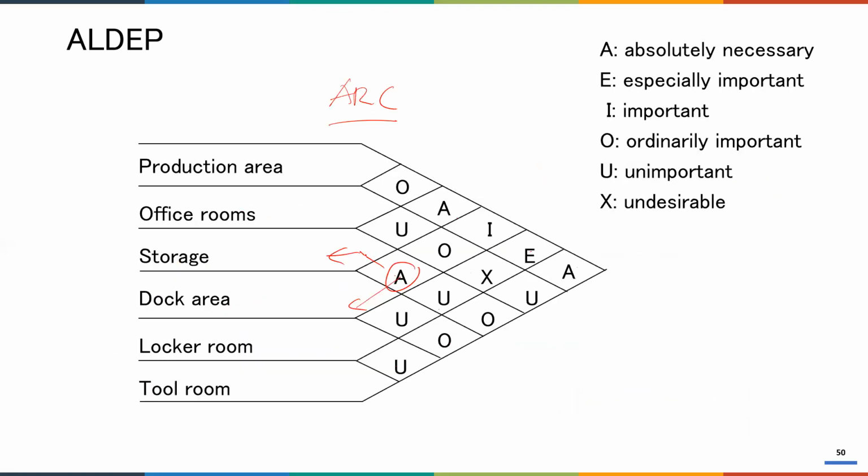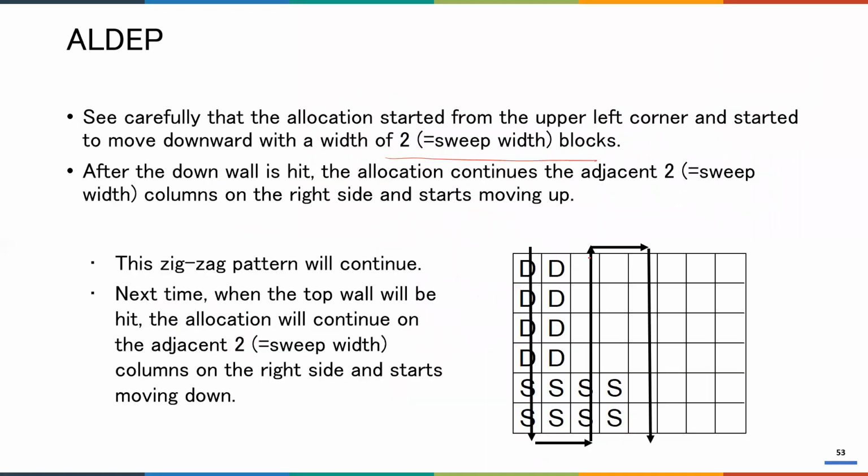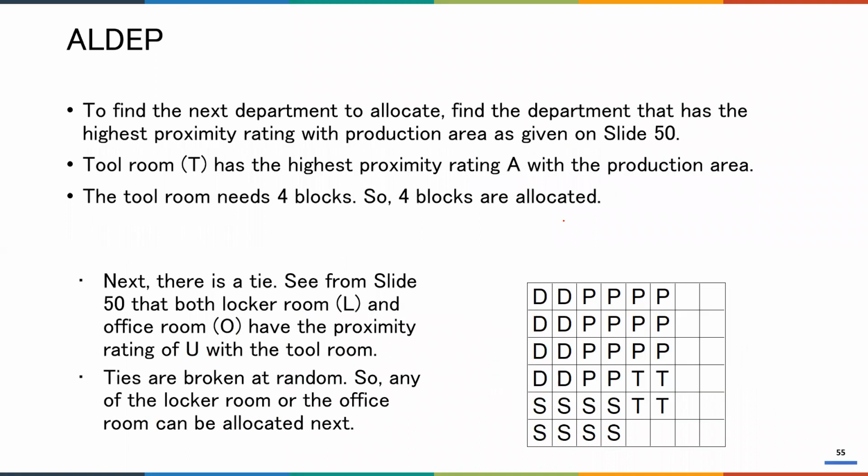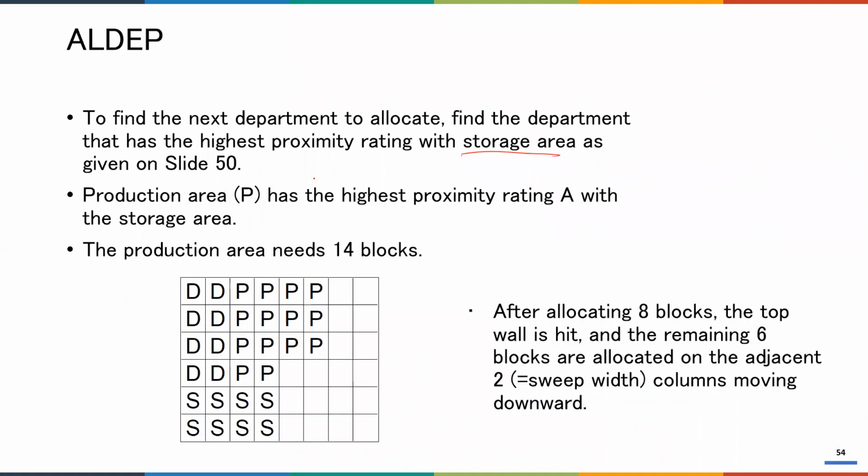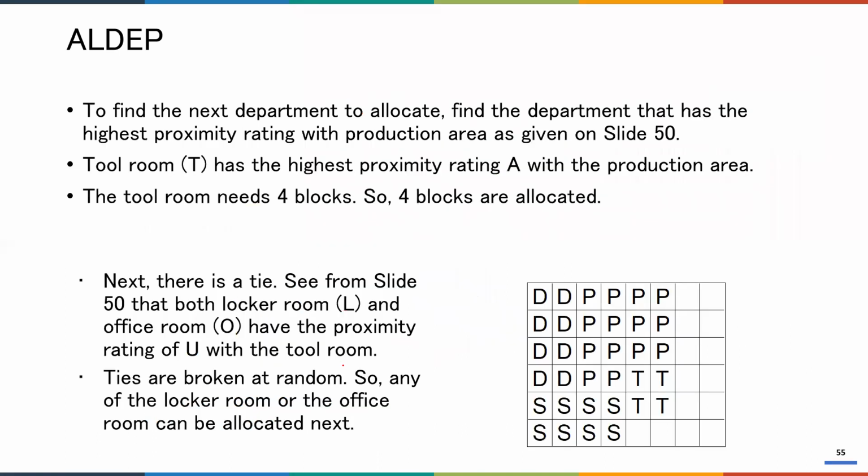So storage has A with production, so we choose the production here. Production needs 14 blocks, so again we put it in 2 blocks like this, 2, 2, 2, 2, until we finish everything, and it keeps continuing until all the blocks are located.